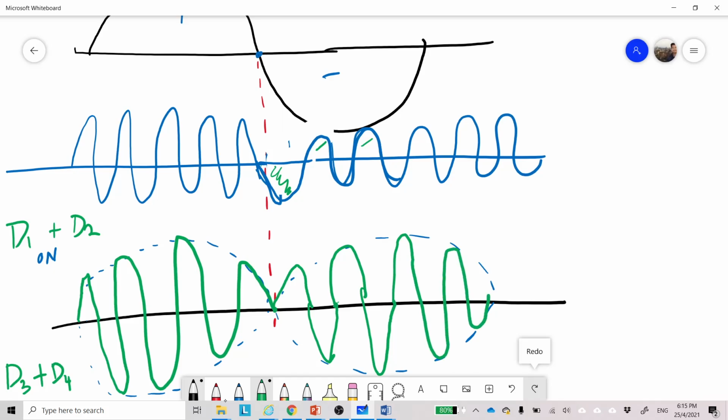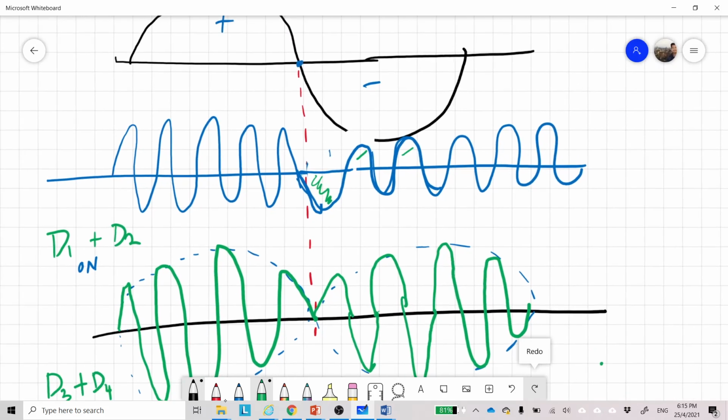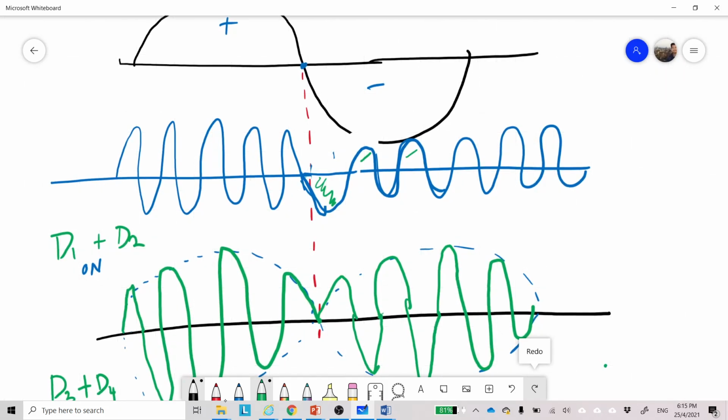You see that the output is inverted. Initially, during the positive cycle of the modulating signal, the output follows the polarity of the carrier. However, during the negative cycle of the modulating signal, the output is reverse polarity from the carrier.